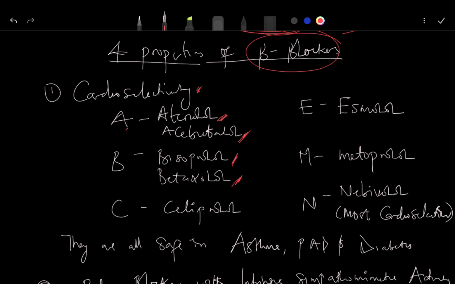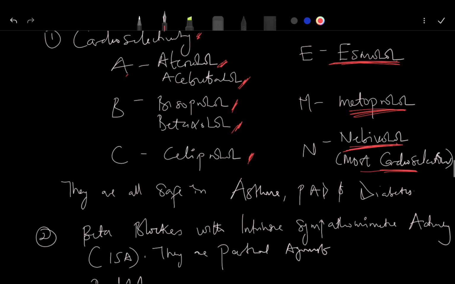For C, we have celiprolol. E, we have esmolol. Esmolol is the shortest acting beta blocker. Then M, we have metoprolol. And N, we have nebivolol. So take note of this. Nebivolol is the most cardioselective beta blocker. Okay, so take note of that.